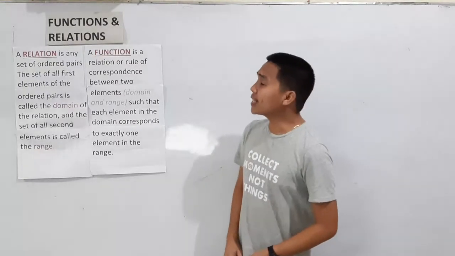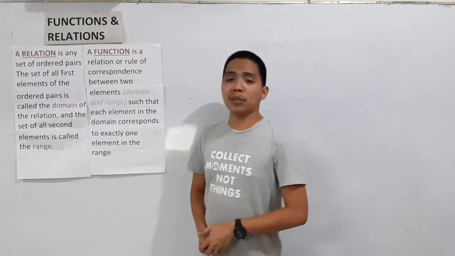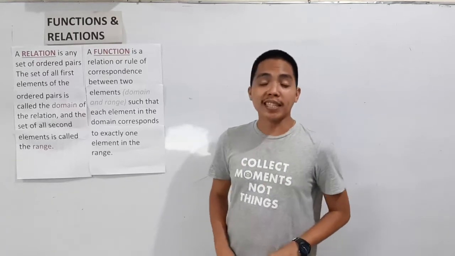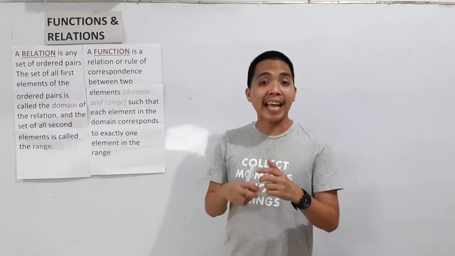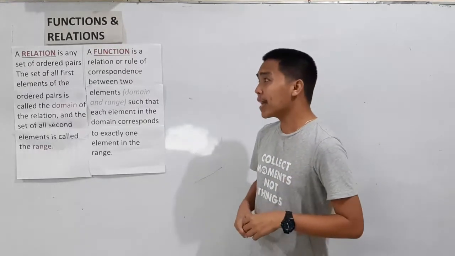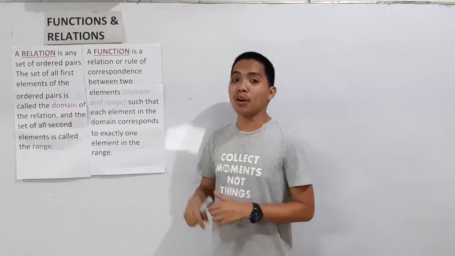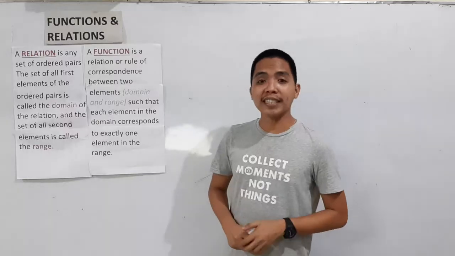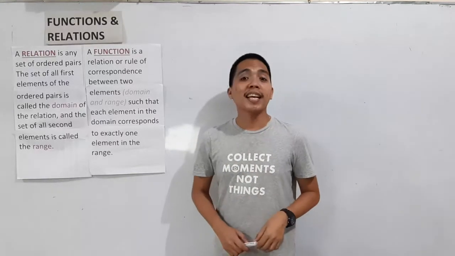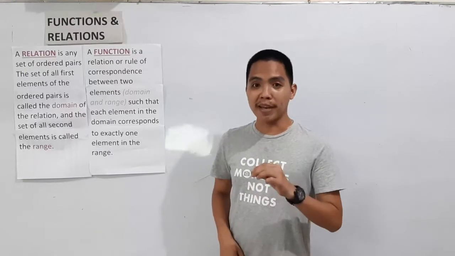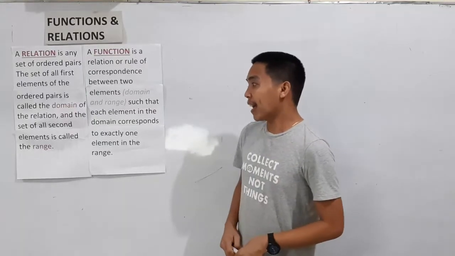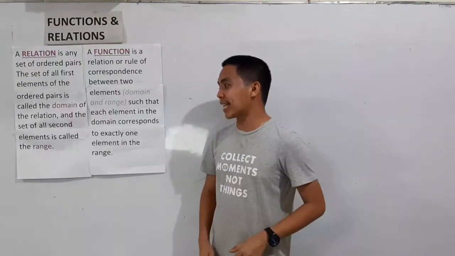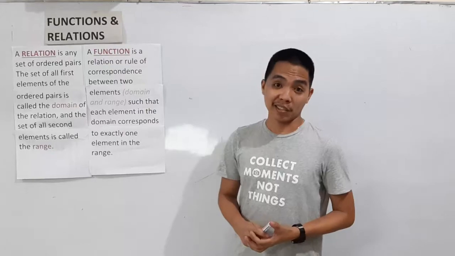Okay, this day we would like to define first what is a relation and what is a function and how these two differ. A relation is a set of all ordered pairs. The set of all first elements of the ordered pairs is what we call the domain. And the set of all the second elements is called the range.